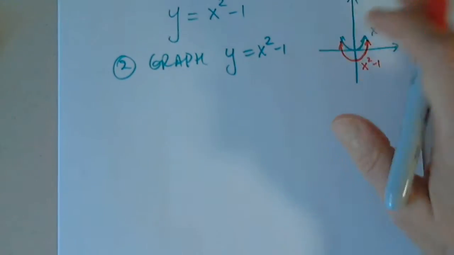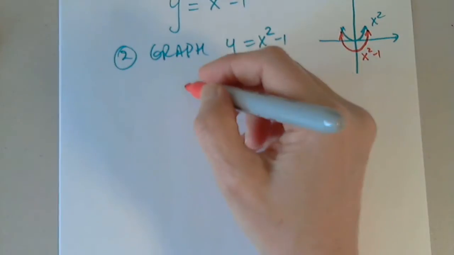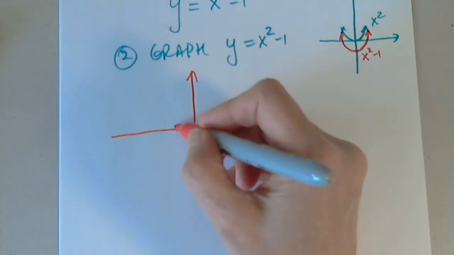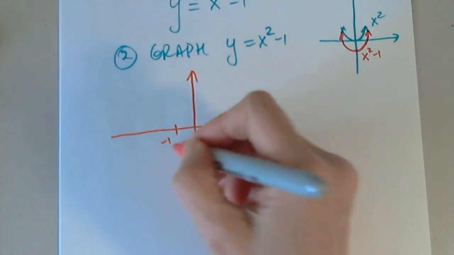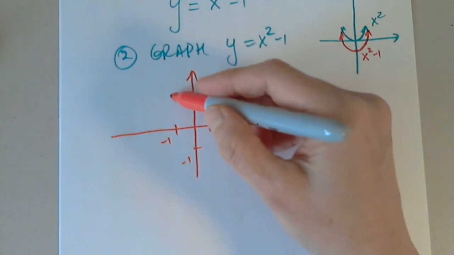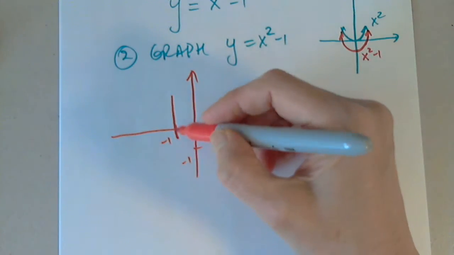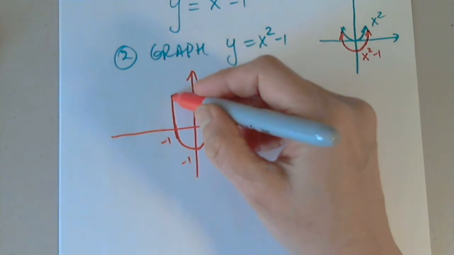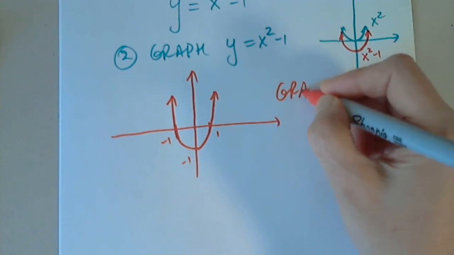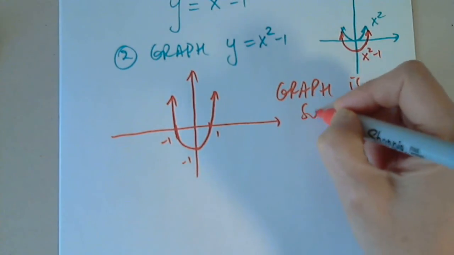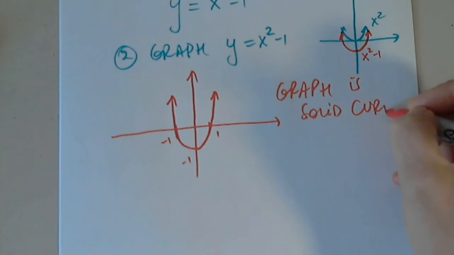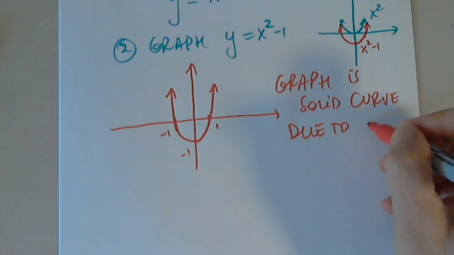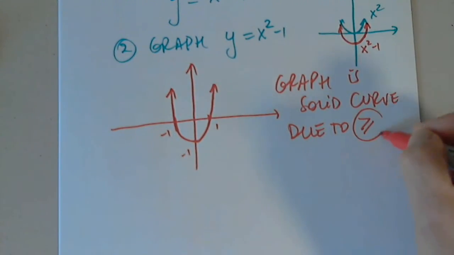So this was a side calculation or explanation. So now I'm going to graph it. It crosses at -1 and 1 and -1. So I know the graph. The graph is a solid curve due to the equal symbol.